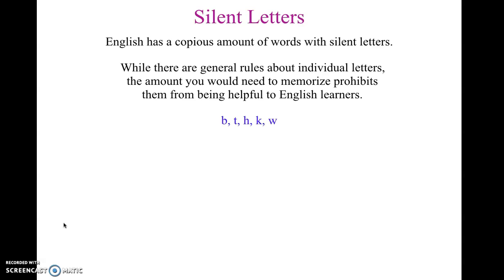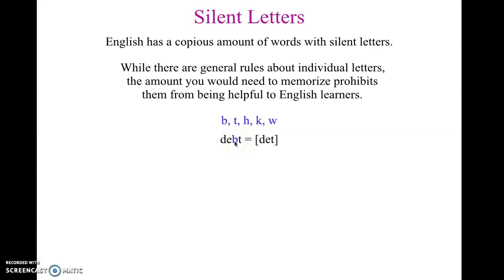In general, there are some letters, these five, that typically are silent. So for example, the word debt, to owe somebody money. The B is not pronounced, so it sounds like, these brackets here tell you that I'm spelling out the word how it sounds. So it sounds like this, debt.